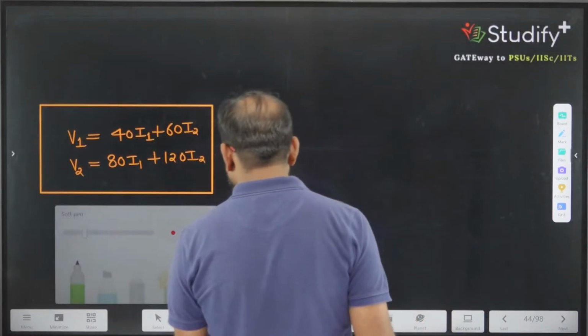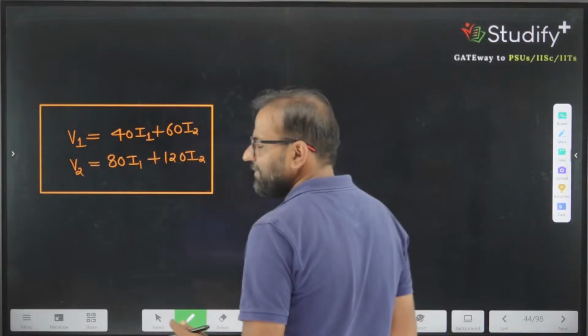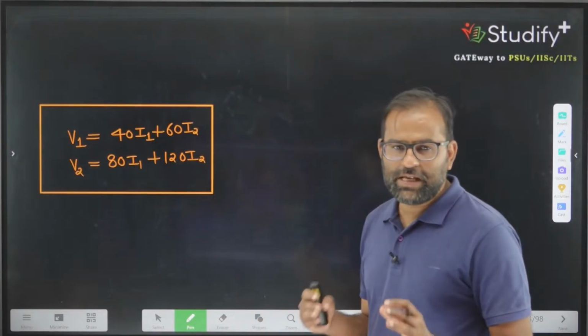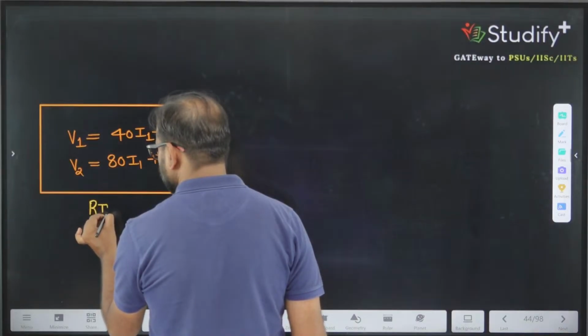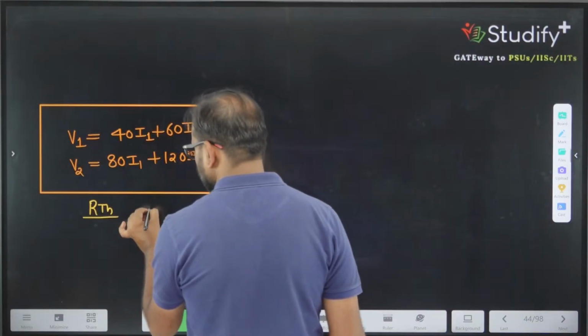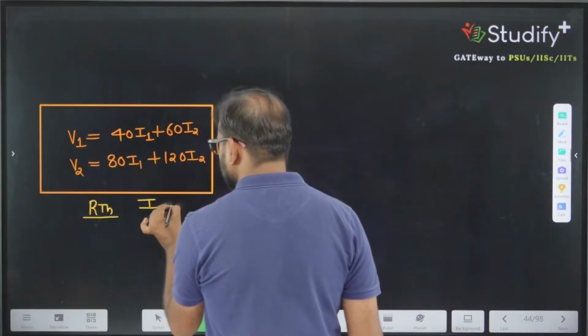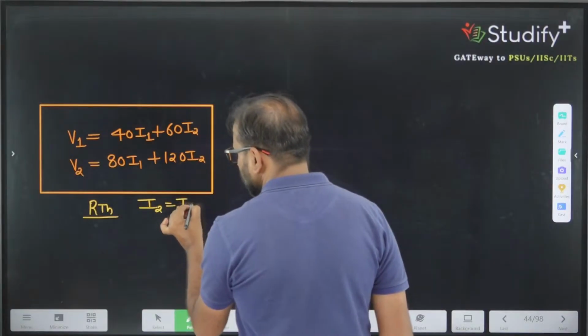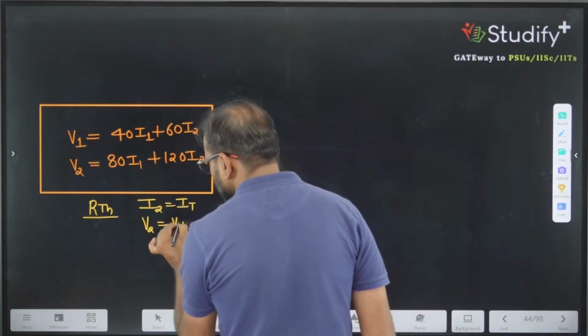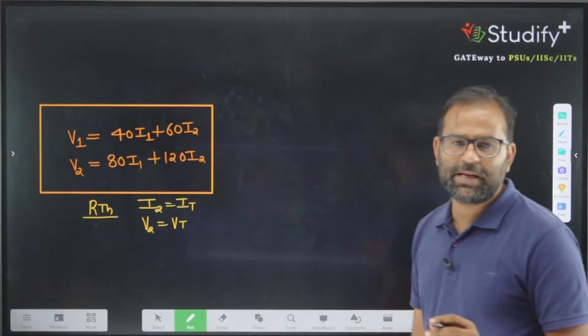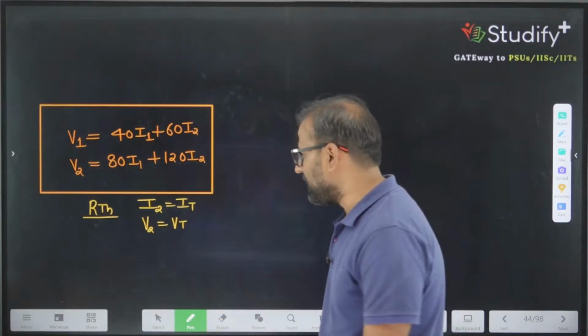So when we are calculating RTH, I2 should be replaced by IT and V2 is replaced by VT. We are interested in the VT divided by IT ratio. This is the overall agenda.